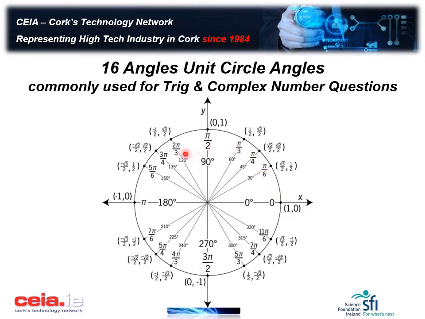As we move to the other quadrant, it becomes a little bit more difficult. So we have to think of 120 as 60 plus 60. So that's pi over 3, 2 pi over 3, 3 pi over 4, 5 pi over 6. So get used to thinking of these angles 120, 135, 150 in terms of pi, in terms of radians rather than degrees. Okay.